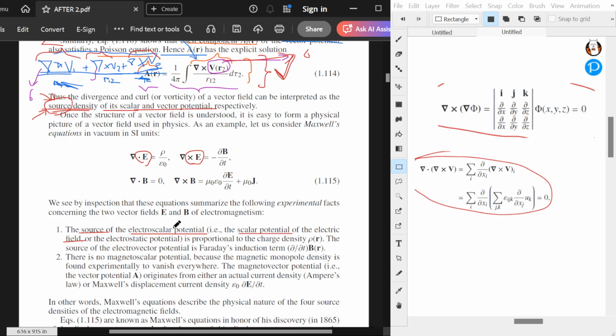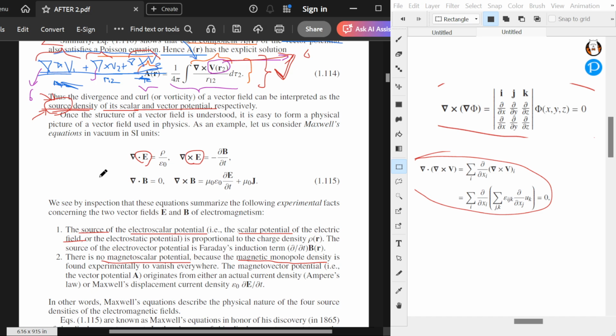There's no magneto scalar potential because the magnetic monopole density is found experimentally to vanish everywhere.